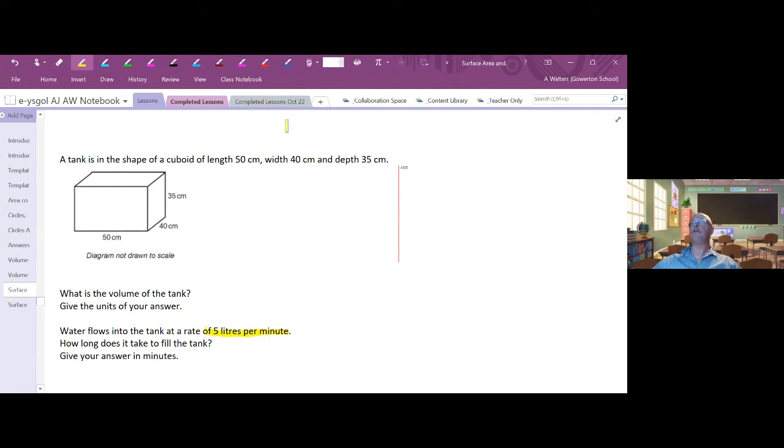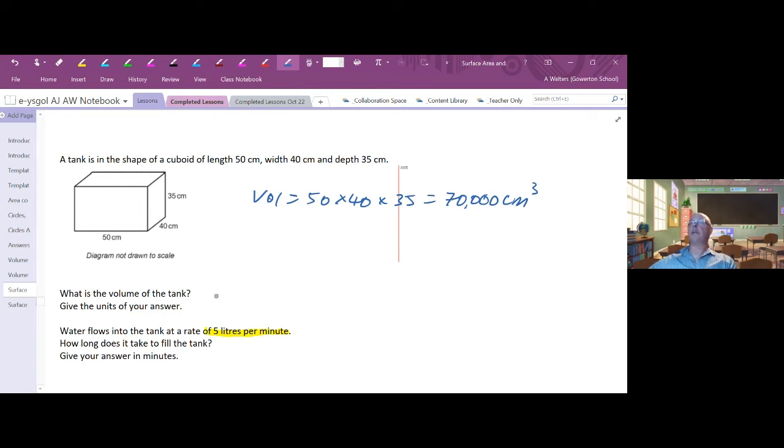So the volume of the tank, first of all, multiply the three distances, 50 times 40 times 35, which is 70,000 centimeters cubed. It's actually 70 litres, right?